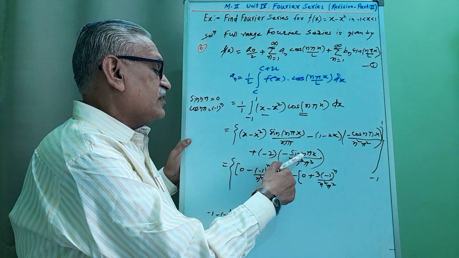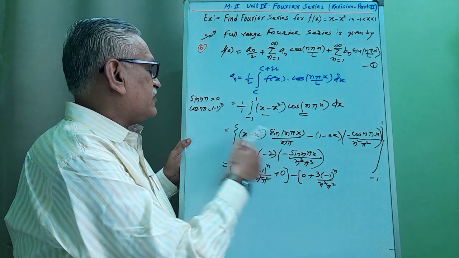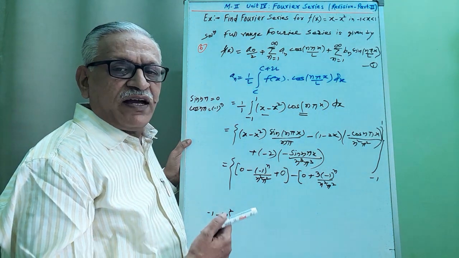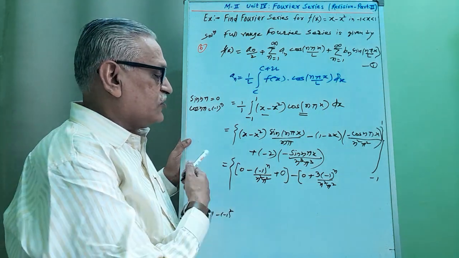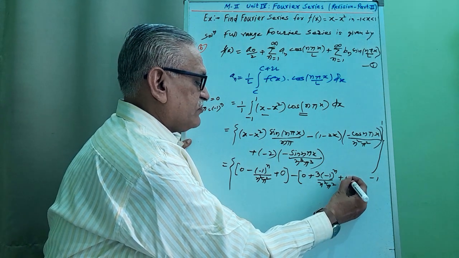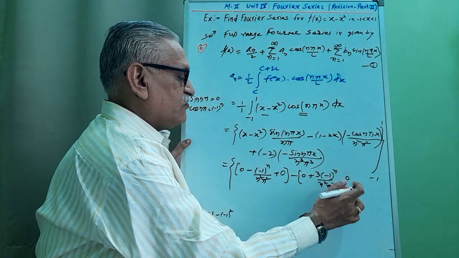Then substituting value of x as minus 1, sine of minus n pi, and value of sin n pi is 0. Therefore this becomes 0 with minus sign.